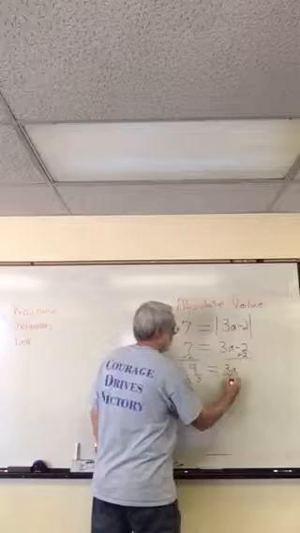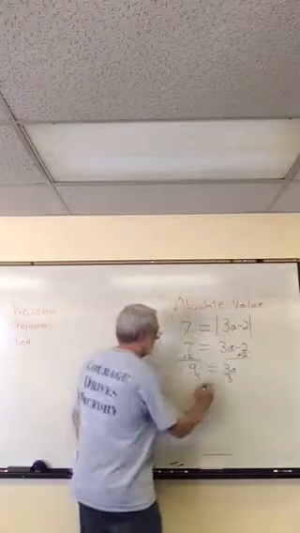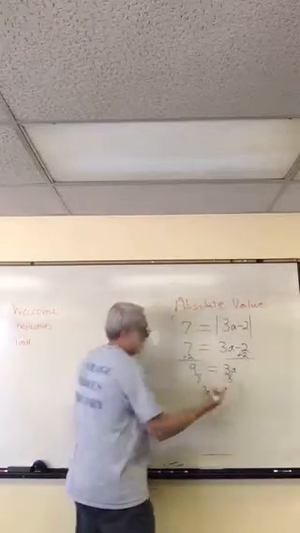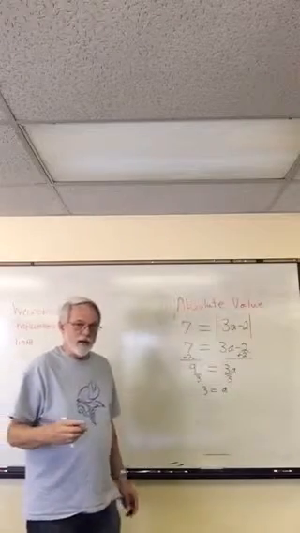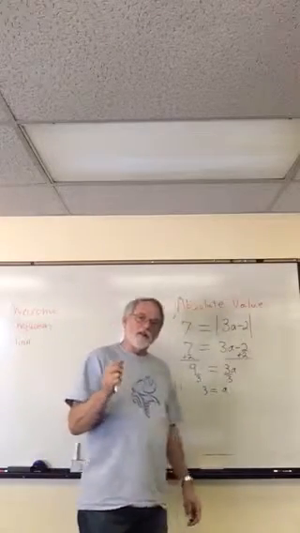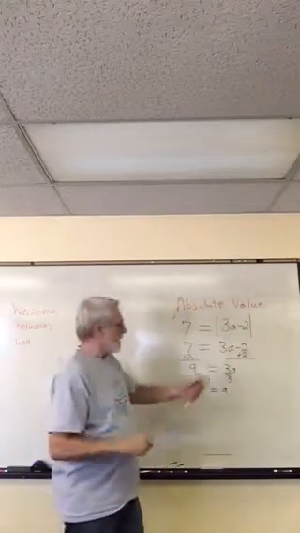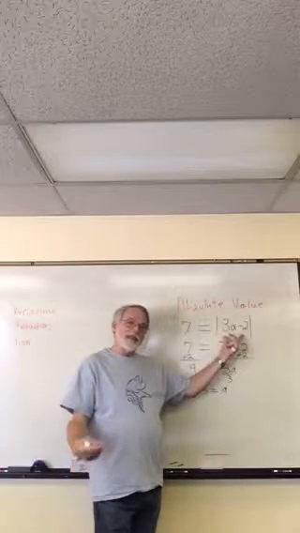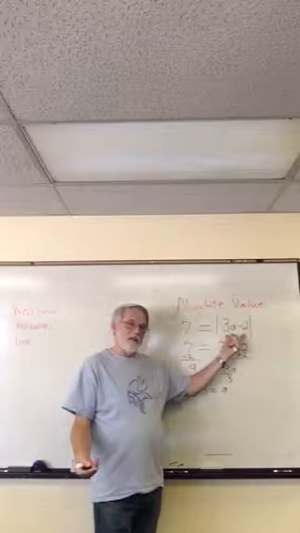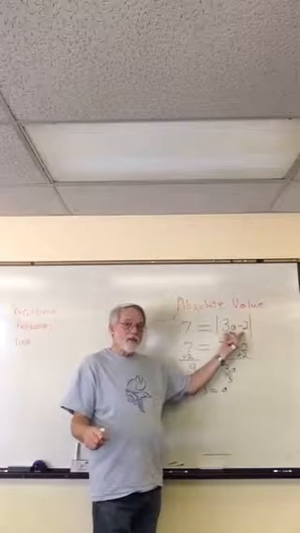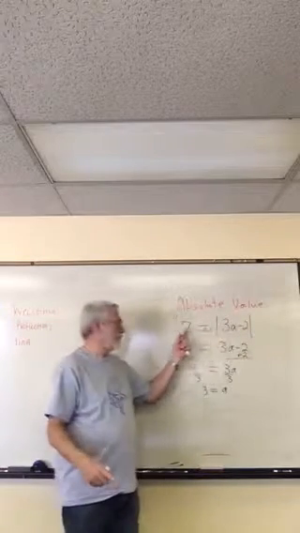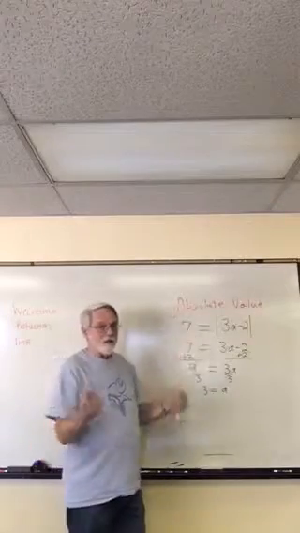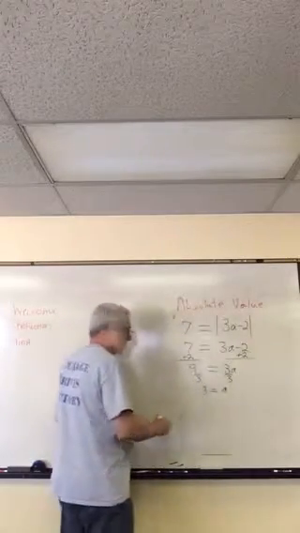Divide both sides by 3. So a equals 3. But you also have to consider that there is another possibility, because this value inside the absolute value could also be -7, because the absolute value of -7 is 7. So we have to take that into consideration.